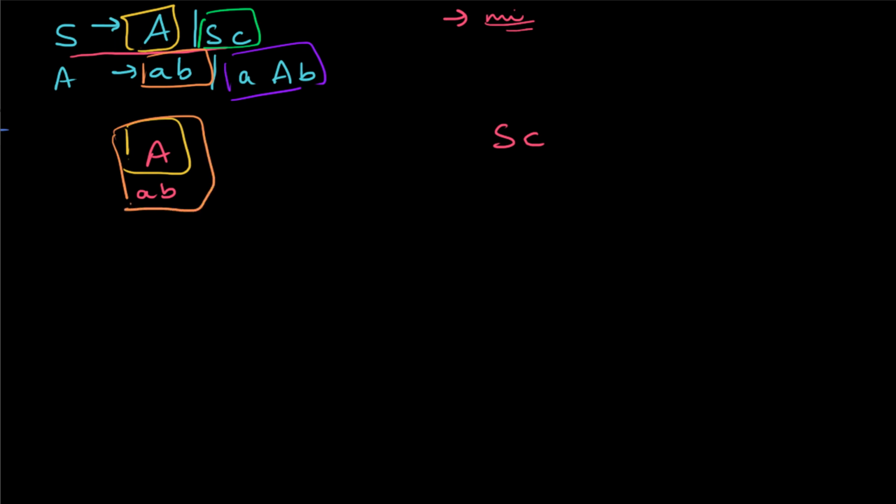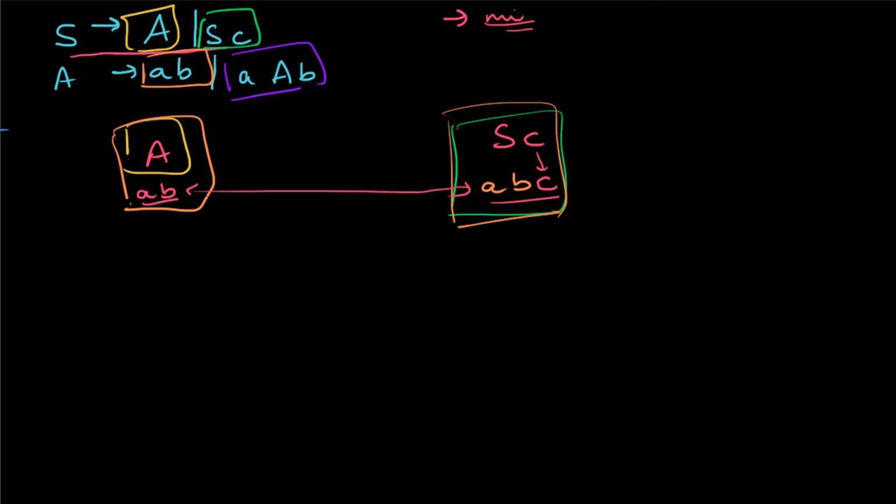And now I've got SC right here, and I want SC to be replaced by something, and it should terminate it as soon as I want. So I've got something which will be terminating it. It is my AB. So I got AB right here, and C which came from the previous state. So ABC and AB, these are the shortest possible strings, both of them, because S can go either way, so we need to consider them both.